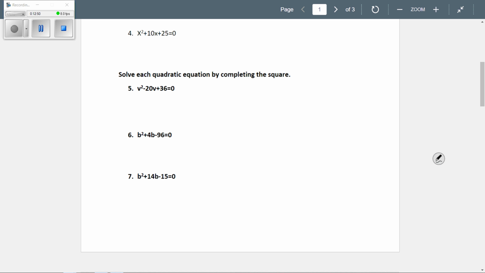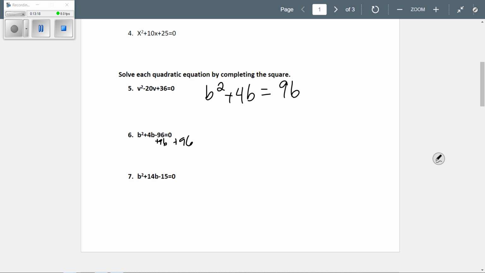B squared plus 4b minus 96 equals 0. We know step 1, move the 96 over. And we get b squared plus 4b equals 96. All right. Now, because a is 1, we get to just move on, so we don't have to divide by a.